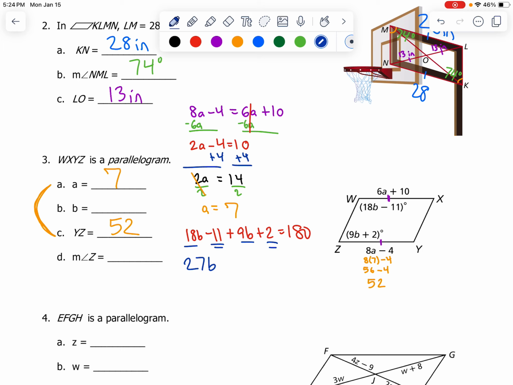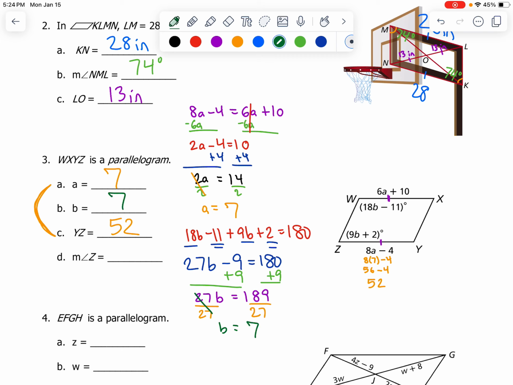Negative 11 plus 2 is negative 9. And then we'll do a plus 9. 189. And again, we're running out of space. And so we're going to do 189 divided by 27. And we should get b equals 7. Well, that was not expected.